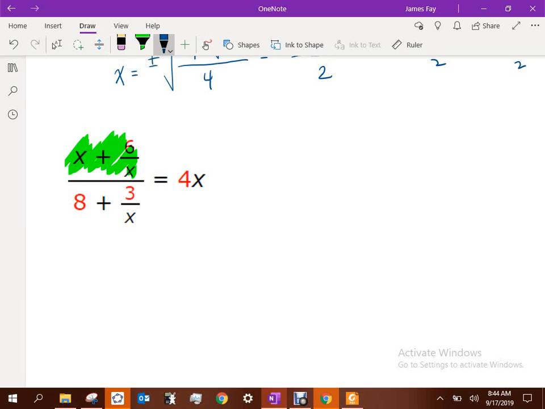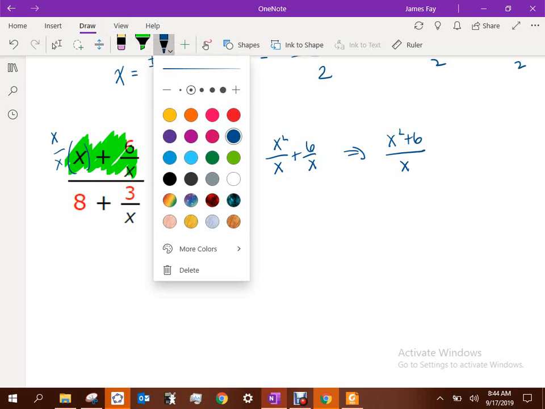Let's try that. So the LCD would be x. So we're going to multiply that by x over x. So that's going to give me x squared over x plus 6 over x, which is going to then lead to x squared plus 6 over x, right? Is that okay with everybody? Now, if I do the bottom, it's a similar thing.